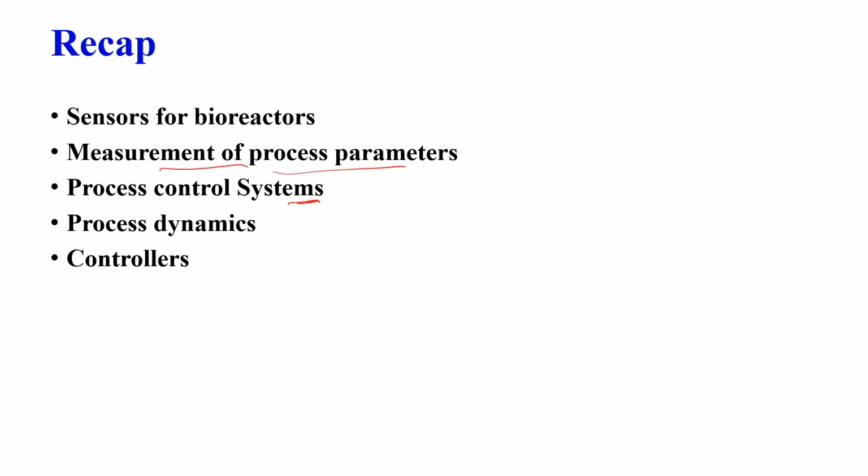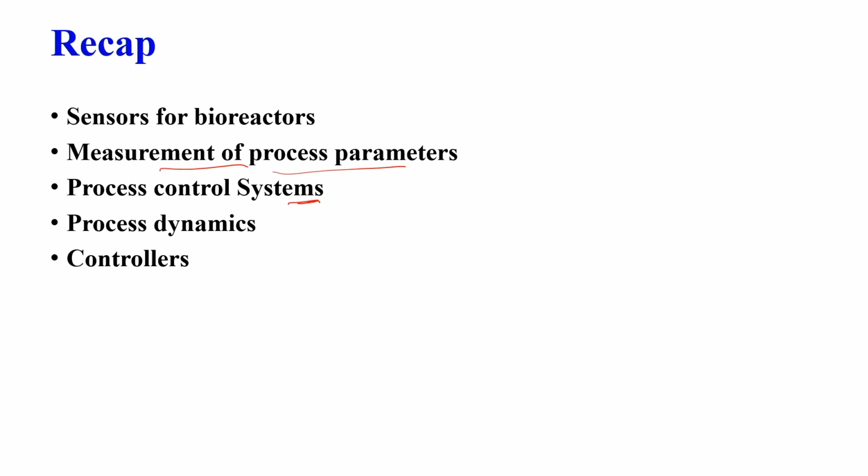What is process control? Basically we discussed that whenever there is some change or disturbance in the process, or you want to maintain a certain optimum condition, some corrective measures need to be taken, and those corrections are mostly done by the process control systems. In the process control systems there are various components.